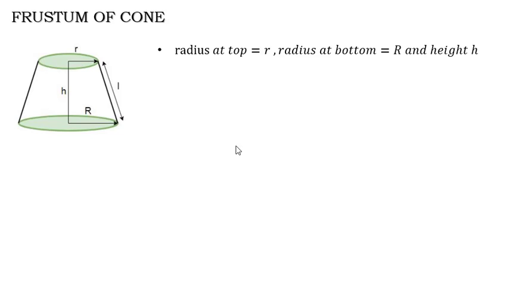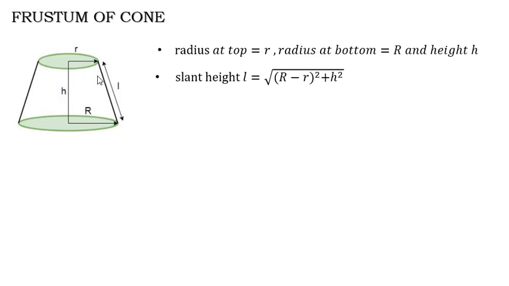So let us find the formula for this slant height first. The length of the slant height L is equal to the square root of (capital R minus small r) the whole square plus h square. You can easily figure out this formula from this figure, that we can derive it by using the Pythagoras theorem.